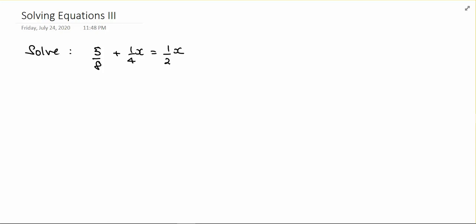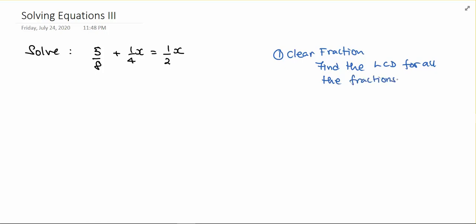Well, one of the things you'd like to be able to do is clear the fractions, right? So how do you clear the fractions? Now you can clear fractions, and the way you do this is you find the least common denominator for all the fractions, right?